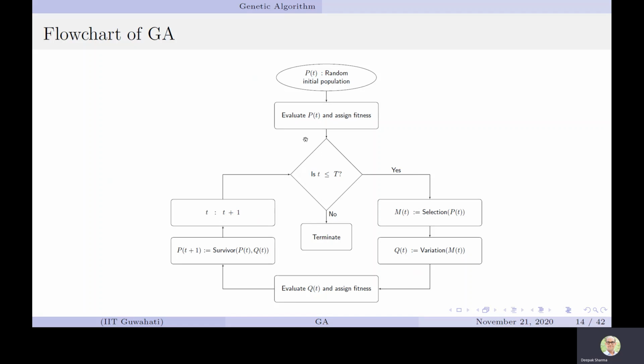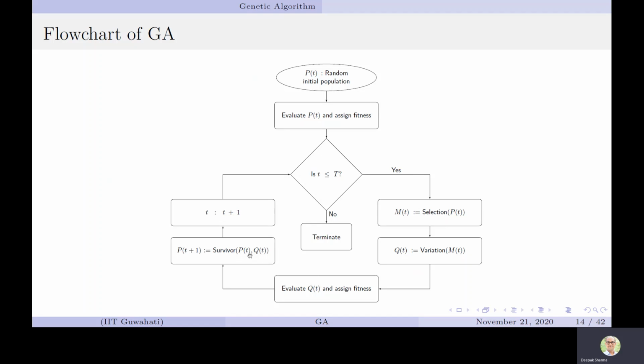So suppose we started with 10 solutions, then we perform selection and variation. We are going to get another 10 solutions. So currently we have 10 plus 10, 20 solutions. Now this survivor step says that we have to select the best 10 solutions because we want to keep the number of solutions in the population constant.